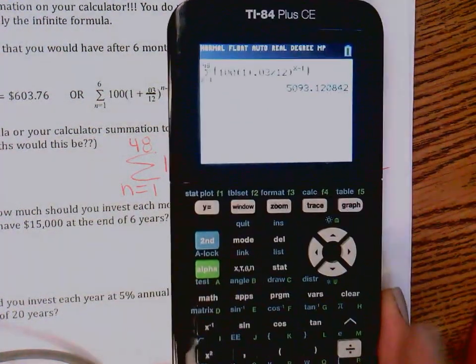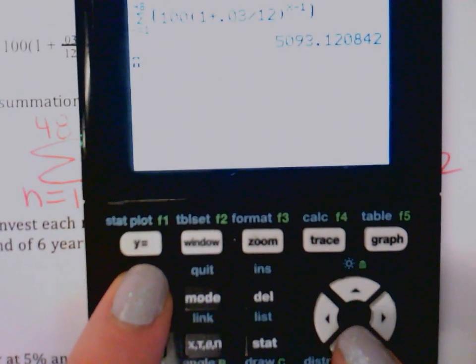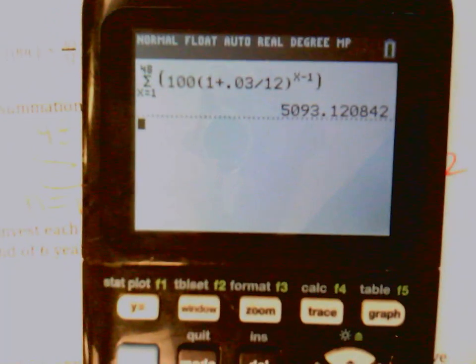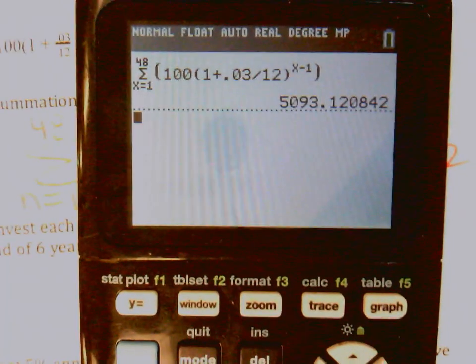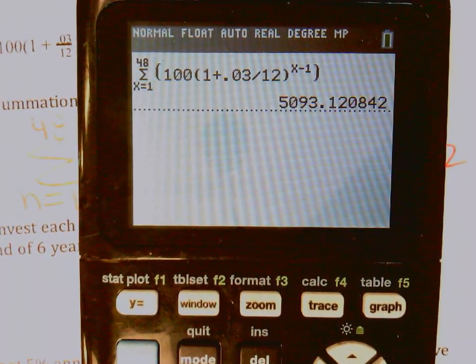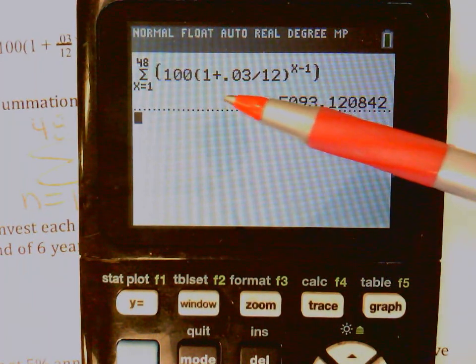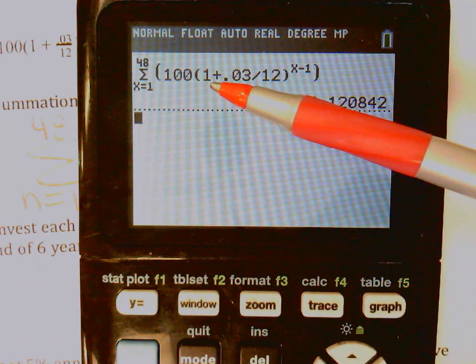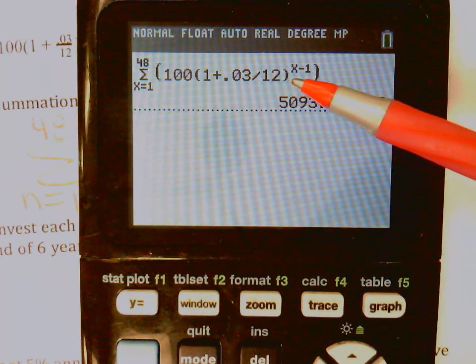I don't know if you can see it better on here, but you have to make sure that the parentheses are outside. You don't need an extra parenthesis. You just need one around the parenthesis 1 plus 0.03 divided by 12.